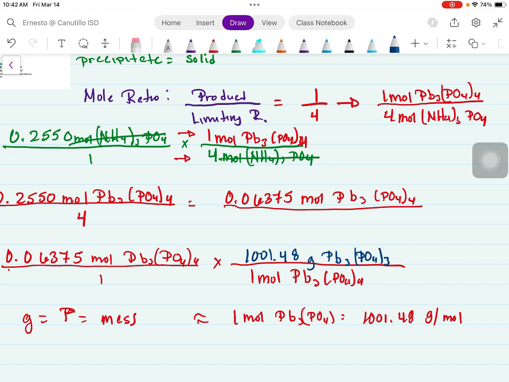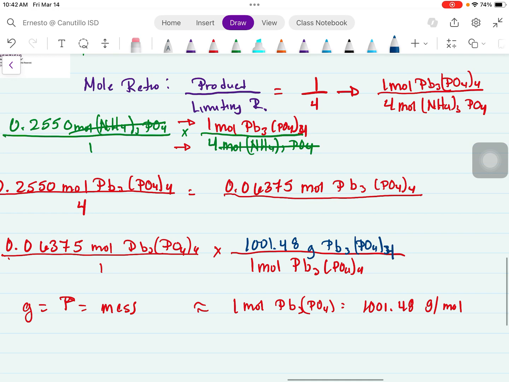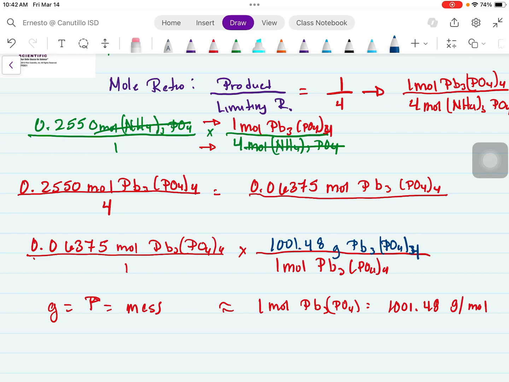Of lead 4 phosphate. I want you guys to take notice that even though I know the units, I keep writing them down. Okay, please make sure to include all your units. Remember again that everything multiplies straight across and then you divide by the last 2 numbers. When I do that, this unit is going to disappear.